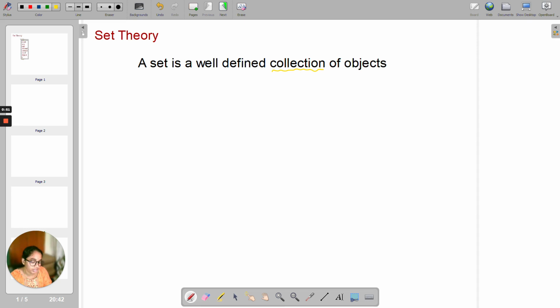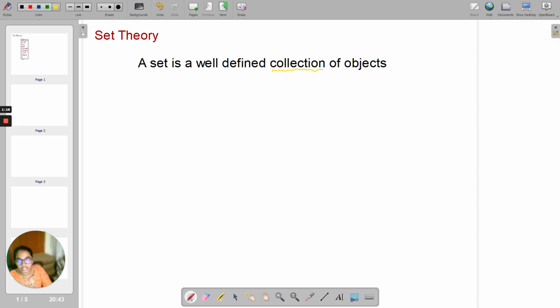Now if I take this PC, yes, my PC, if I say that this is a set, what would be the elements of this set? That would be the monitor, the keyboard and the mouse, right? So yes, the objects that constitute a set are called elements.